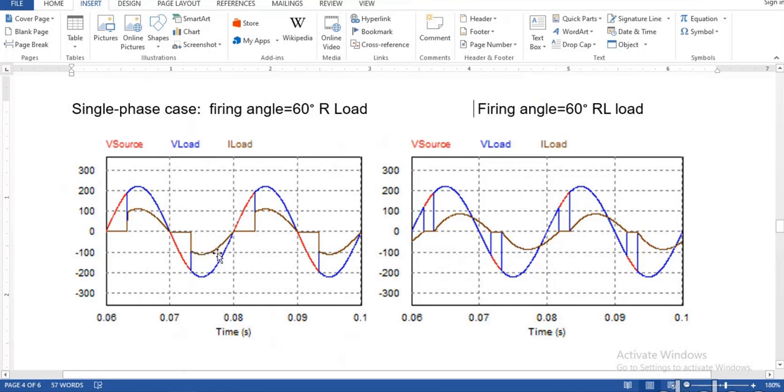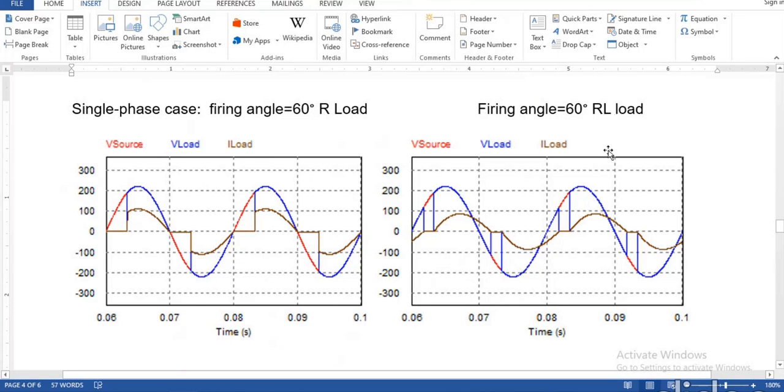The current comes into the negative half cycle, and the voltage exactly follows the source voltage waveform. So obviously you are going to have zero voltage intervals here, here, and here, and so on. From alpha until pi, you have to integrate the voltage to get the output RMS value.